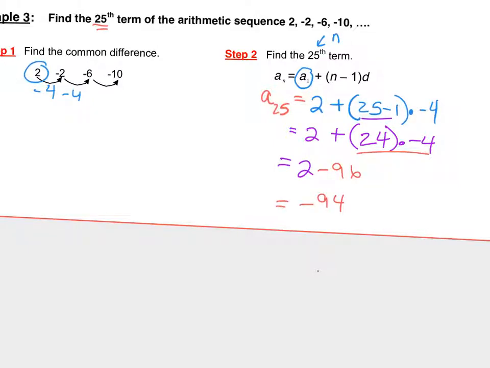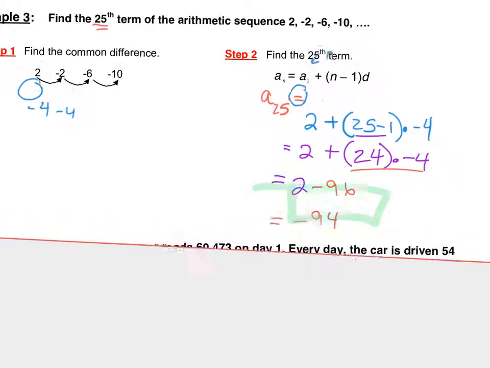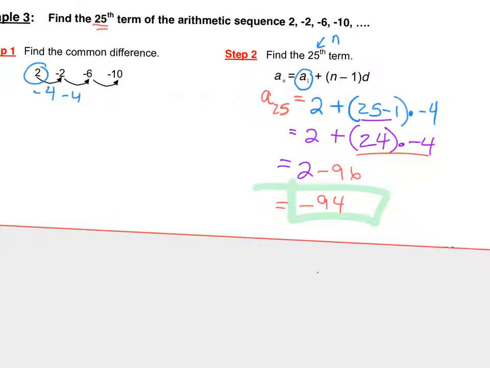That means that if I was to list all of the numbers down the road, the 25th one would be negative 94. Do you write like 25 equals? That's a great question. You would write a sub 25, because that's telling you that in an arithmetic sequence, the 25th number is equal to negative 94.